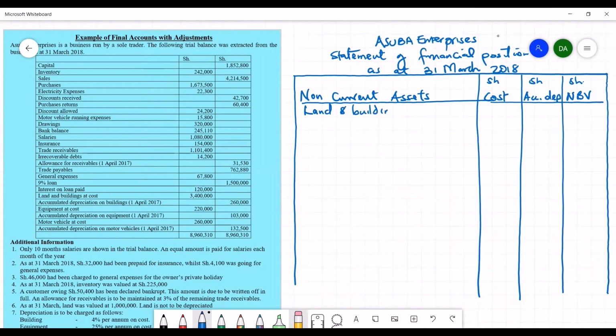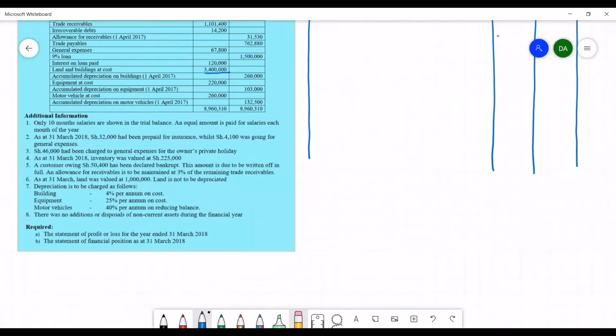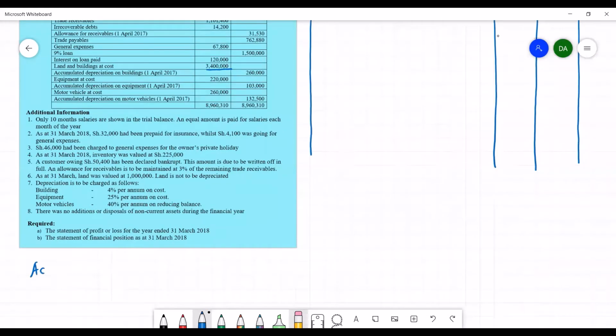The cost of the land and buildings, in this case, equals 3.4 million, and therefore we're going to have 3.4 million in the first column. And then accumulated depreciation for land and buildings is determined as follows.